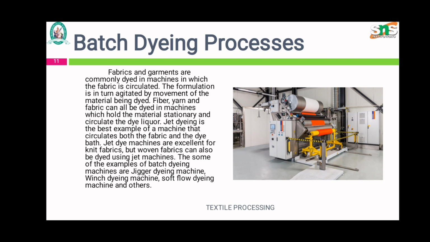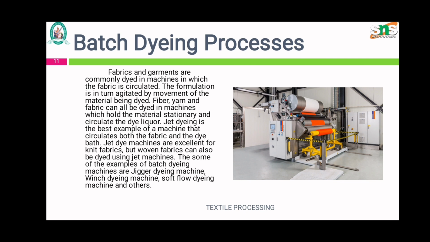Fabrics and garments are commonly dyed in the machines in which the fabric is circulated. The formulation is in turn agitated by the movement of the material being dyed. Fibers, yarns and fabrics can also be dyed in machines which hold the material stationary and circulate the dye liquor. Jet dyeing is the best example of a machine that circulates both the fabric and dye bath.